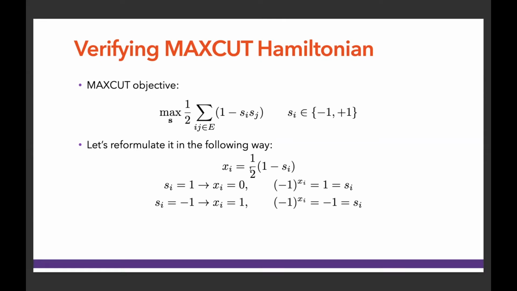This is simply by saying that xi is one half of 1 minus si, which is the same as this linear substitution, which is really the same as saying that -1 to the power of xi is si. All right, so we go from si in -1, +1 to -1 to the power of xi, which is also -1 or +1, where xi is 0 or 1.